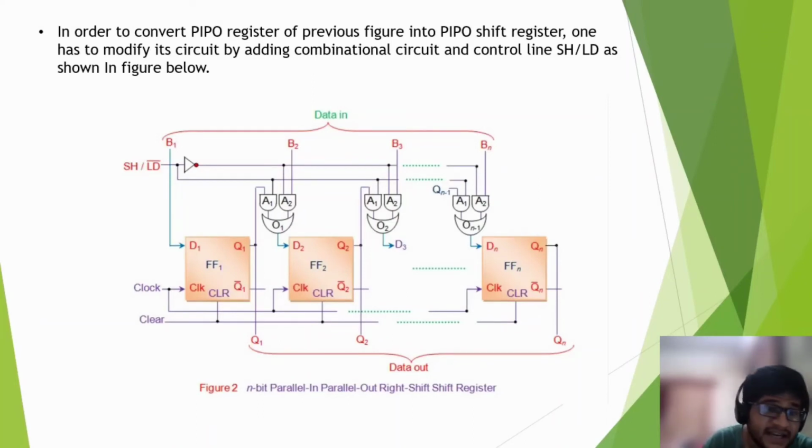When the SHLD line becomes high, all the A2 AND gates become inactive due to the inverter and all the A1 AND gates become active. This causes a shift of data from one flip-flop to the succeeding flip-flop. Since this shift occurs from left to right, this diagram is that of a parallel in, parallel out right shift register.